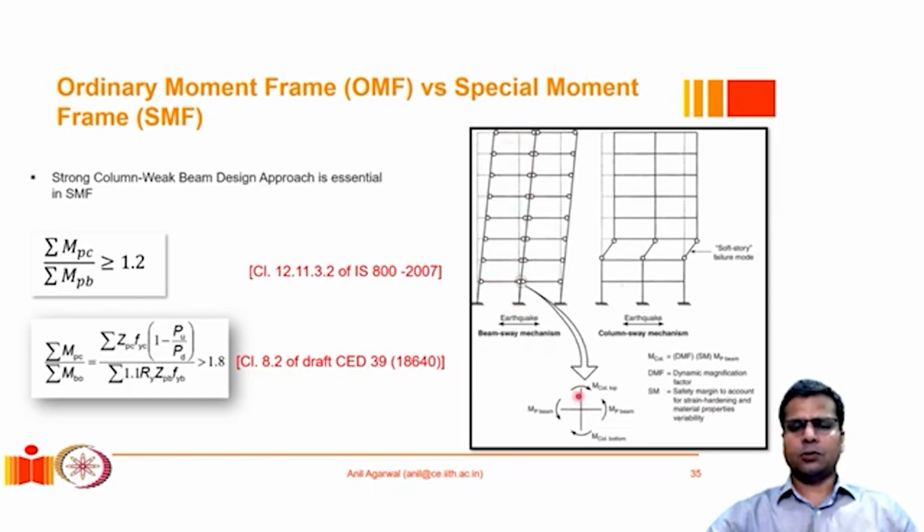In order for this to happen, we have to look at this joint. Let's say this is the center of the joint, and we have beams going in this direction and columns going in this direction. The combined moment of the columns is going in the clockwise direction, and the combined moment from the beams is going in the anti-clockwise direction.